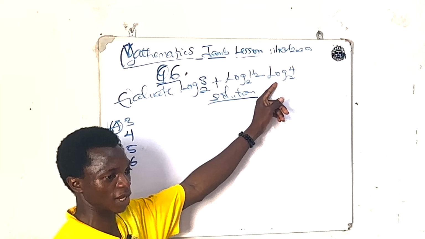Now, the grinder was 60,000, but she lost 15%. How do we get the selling price? To get your selling price, you first find how much she lost. How do you get the loss money? We have 15 over 100 times 60,000.